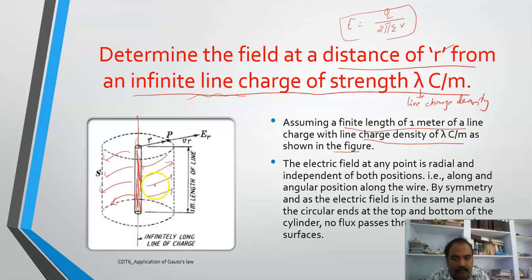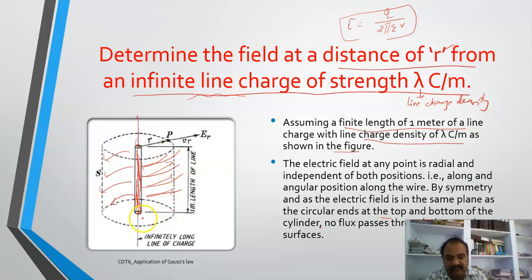By symmetry, the electric field is in the same plane. At the circular ends at the top and bottom of the cylinder, there will be no flux passing through these two ends. Only the field will be passing through the lateral surface area of the cylinder.